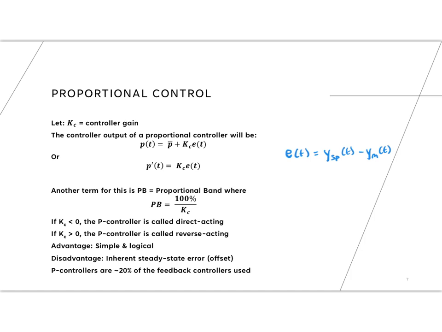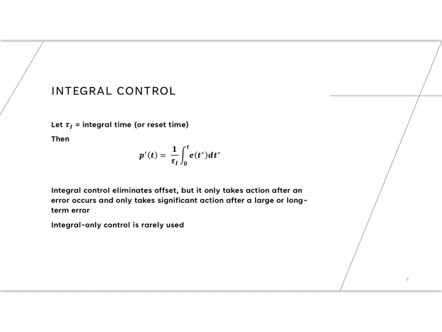Okay? And that can happen with proportional control. If that's not really critical to you, then this is going to be easy and it's going to be pretty simple to work with and tune. Okay? You're going to find in industry that roughly for the feedback control loops, this is going to be about 20% of what you're going to see. But that offset can be a problem.